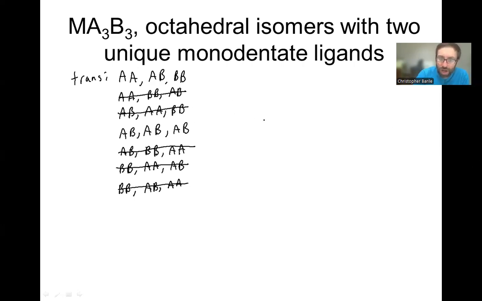And let's now draw those isomers and talk about them a little bit. So we have structure 1 here, we have structure 2 here, and we're saying, hey, we have an AA trans pair. So A and A are across from one another. We now have an AB trans pair. So A and B are across from one another. And we have a BB trans pair. So B and B are across from one another.